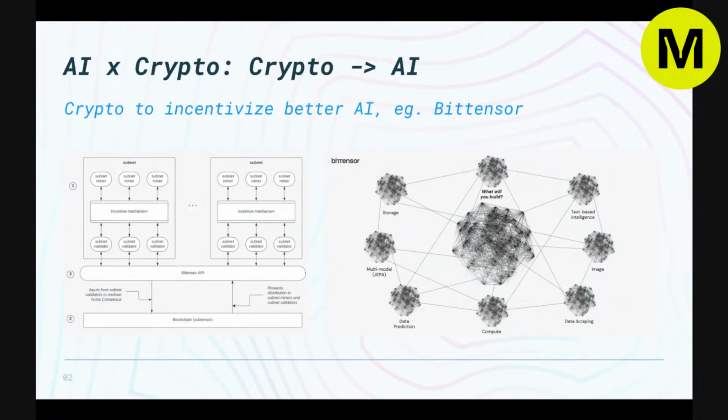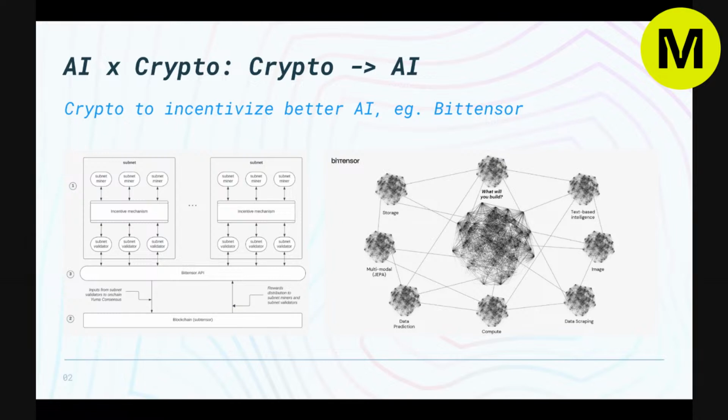Another example of AI crypto is using crypto to incentivize better AI. For example, outside the Ethereum network, we have seen a lot of individual validator networks like Bittensor, which use crypto mechanisms to build an AI network incentivized by their own token.